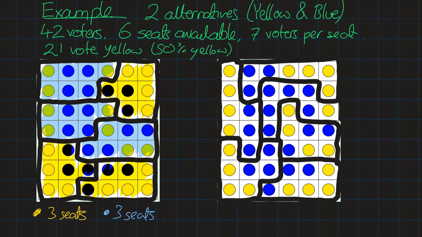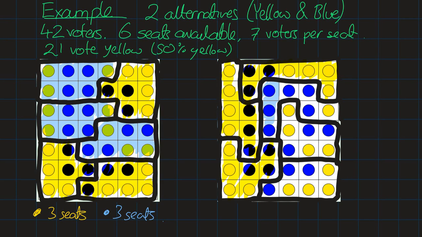Now what happens? In the top left district, yellow has 4, blue has 3, so yellow wins. The one underneath, yellow has 4, blue has 3, so yellow wins again. The top right district, blue has 3, yellow has 4, so yellow wins. The one underneath, blue has 6, and yellow has 1.